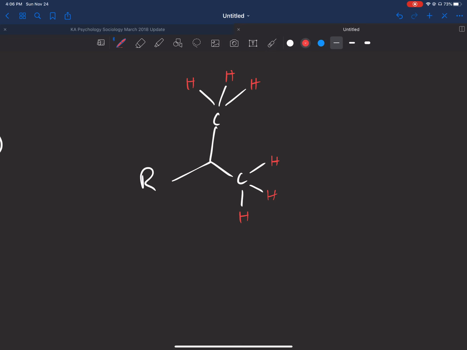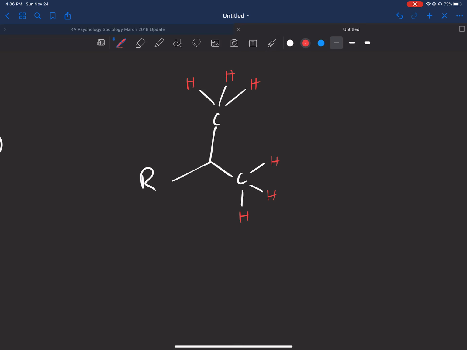That's bound to this carbon, bound to the R group. Now looking at this hydrogen, it's bound to this carbon, bound to this center carbon, bound to the R group. And same exact thing for that. So they're all identical, all 9 of these hydrogens. Okay? So all 9 of these hydrogens are identical. So there's only going to be one peak for them.